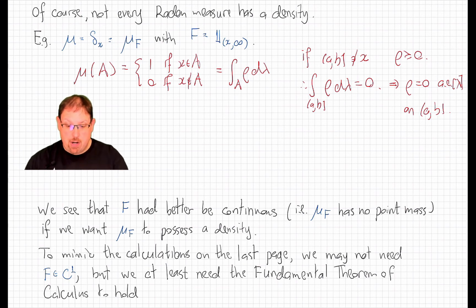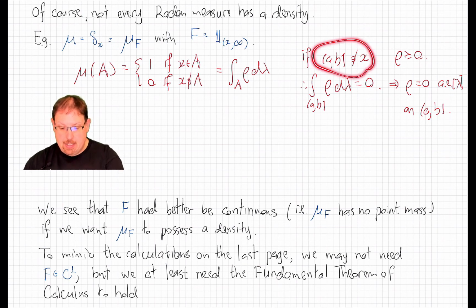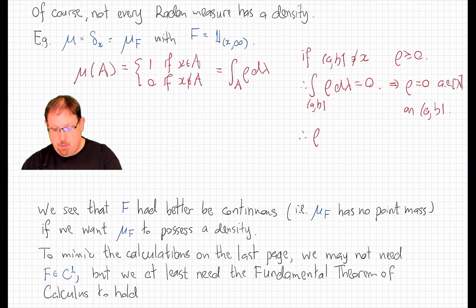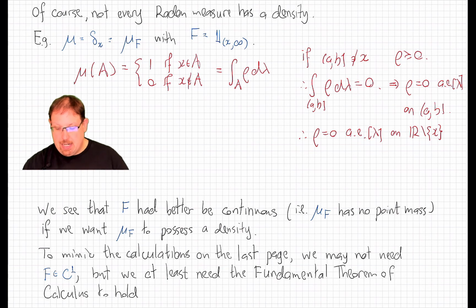Now that was true for any interval that doesn't contain x. So we're therefore going to be able to conclude that rho is equal to 0 almost everywhere with respect to Lebesgue measure on the whole real line with x removed, just by taking intervals closer and closer to having that point removed.